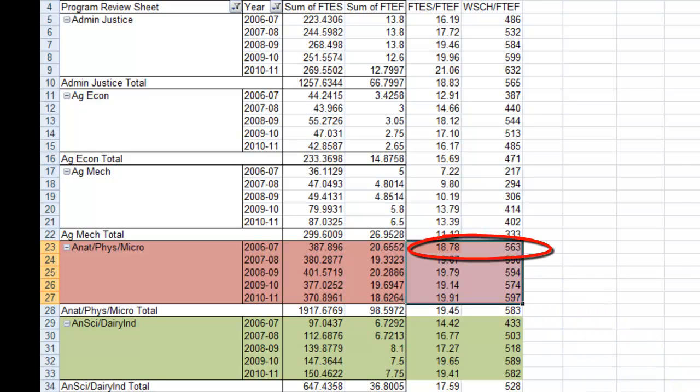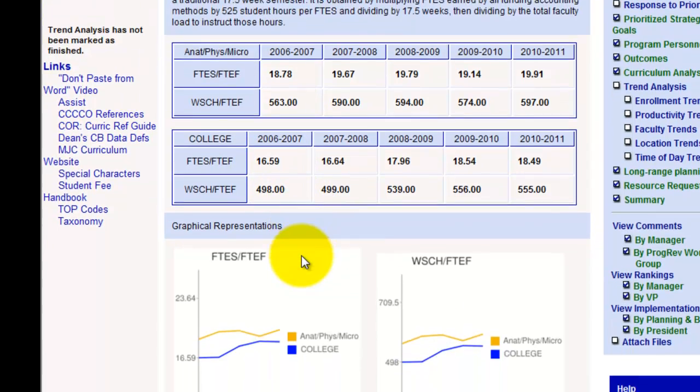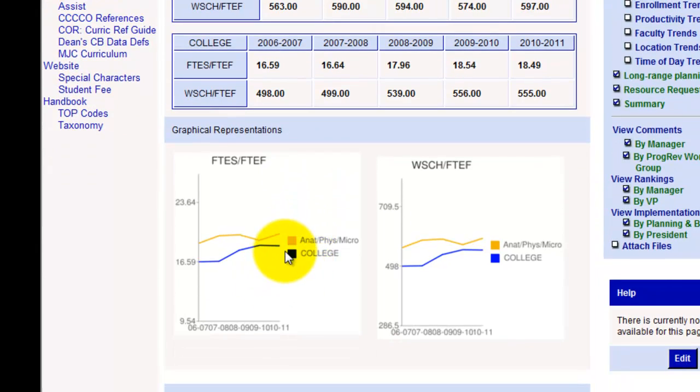So if you track the first two, the 18.78 and the 563, you'll see that those are here. And those are compared against college-wide numbers that were calculated in the same way, 16.59 and 498. And the graphs down here show those two things compared to each other on this end of the picture and on this end of the picture here.